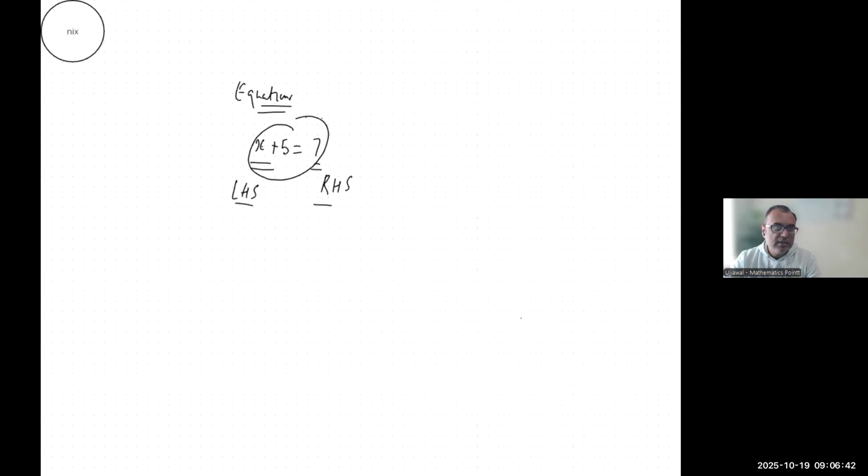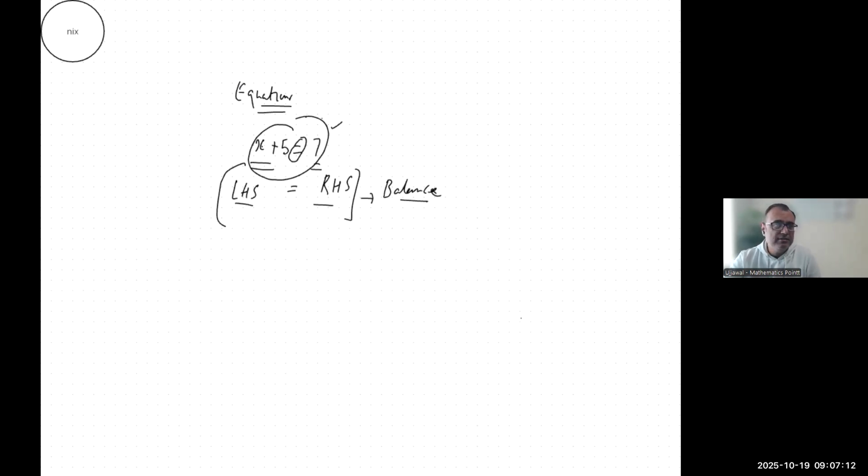And the equality sign always tells us that we need to maintain the balance between the left-hand side and the right-hand side. At any given point in time, we cannot break this balance in order to maintain the sanctity of this equation.